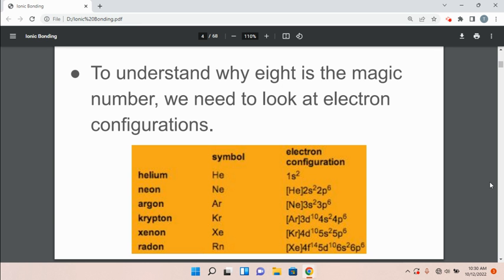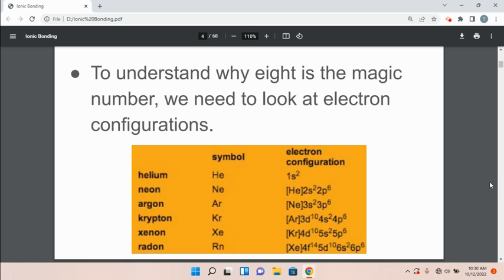And again, helium's the odd one because helium only has 2 valence electrons. It's in period 1. It only has 1 energy level. That first energy level has only an s orbital, so it can only hold 2 electrons. All the rest, neon, argon, krypton, xenon, and radon, have their 8 valence electrons.